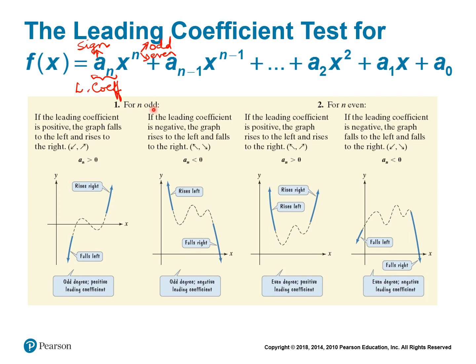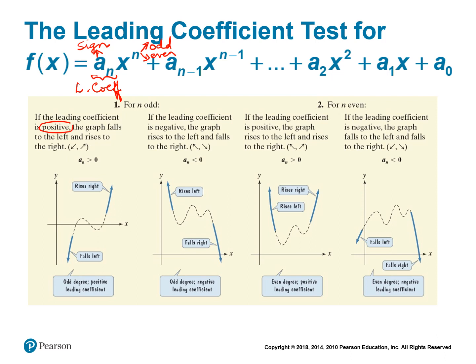For n odd, if n is an odd value like 3, 5, 7, 9, 23, any odd value, then we look at the sign of the coefficient. If the leading coefficient is a positive value, so let me circle that.